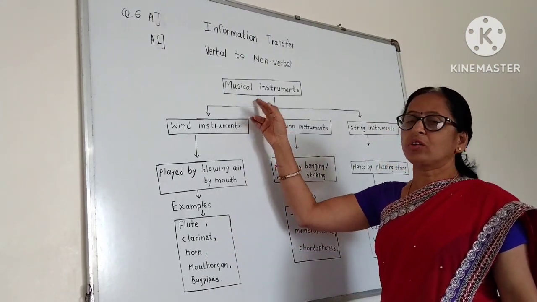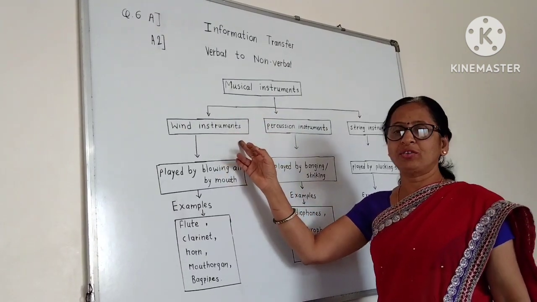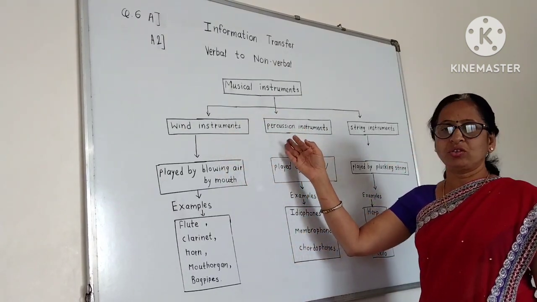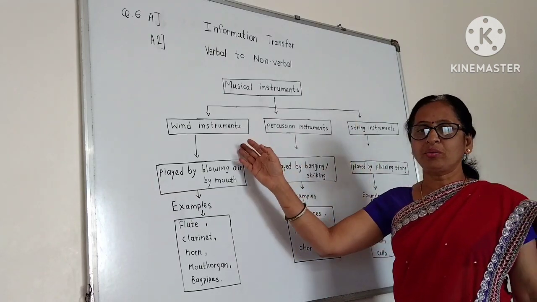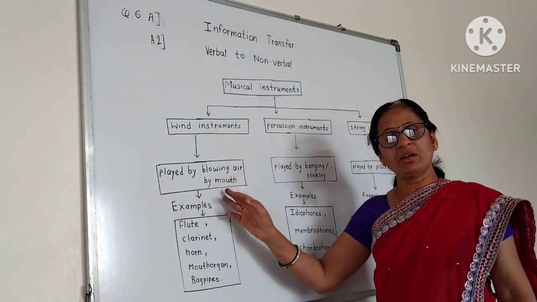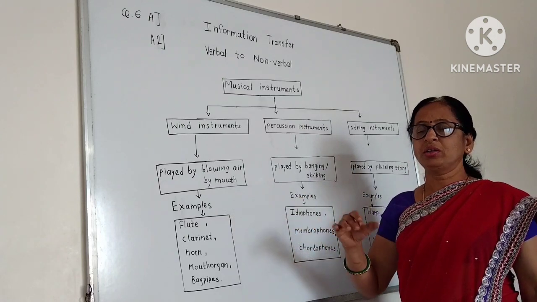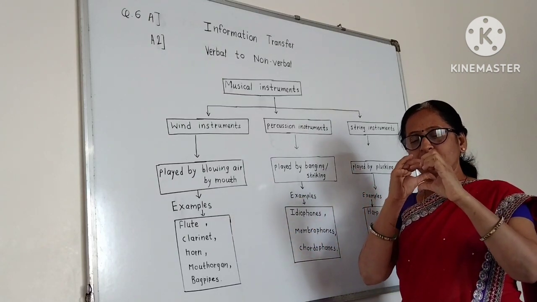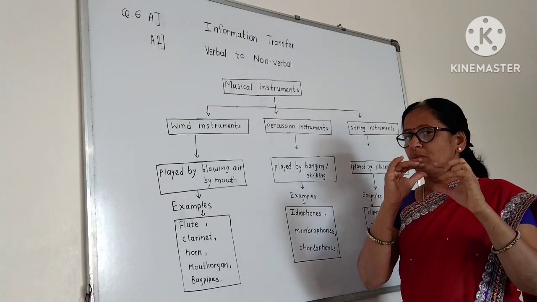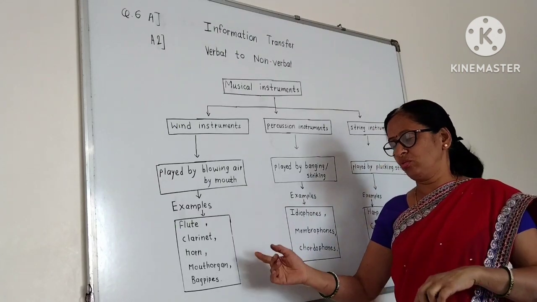Let's see. Musical instruments are of three types: wind instrument, percussion instrument and string instrument. Wind instruments are played by blowing air by mouth, that is air is blowing through the instrument and the air column is vibrated and sound is produced.